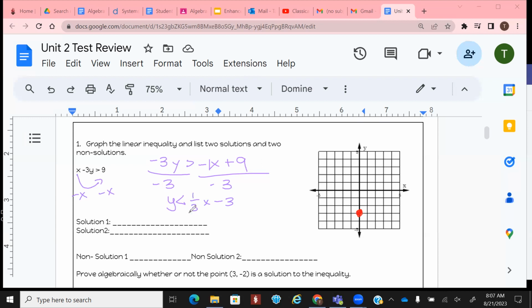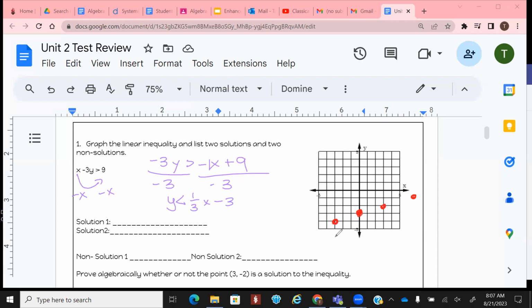And this slope is saying go up 1, to the right 3. Okay, so we're going to go up 1, to the right 3. 1, 2, 3. We're going to repeat this going the opposite direction. Down 1, to the left 3. 1, 2, 3.